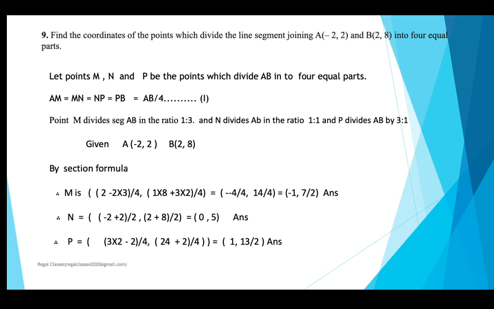So calculate M, calculate N, and calculate P. Just substitute in the formula. In the first case, for M, you use 1 is to 3. In the second case, it is just the midpoint. And in the third case, it is 3 is to 1.